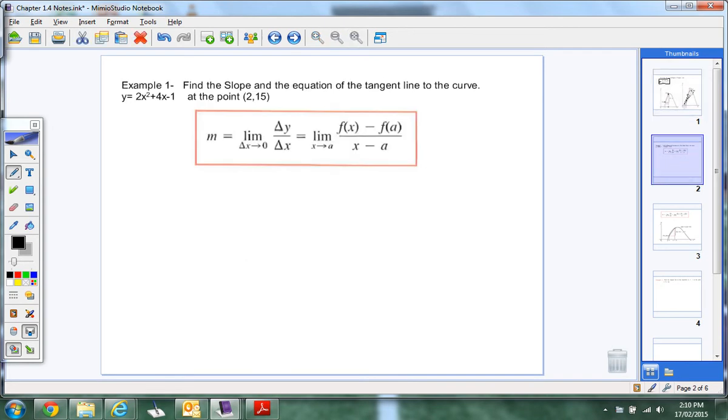So here's example 1. We're going to find the slope and the equation of the tangent line to the curve y equals 2x squared plus 4x minus 1 at the point (2, 15). 2x squared plus 4x minus 1, we should all be happy with. That's a parabola. We know it's curved, and we know what that's going to look like.